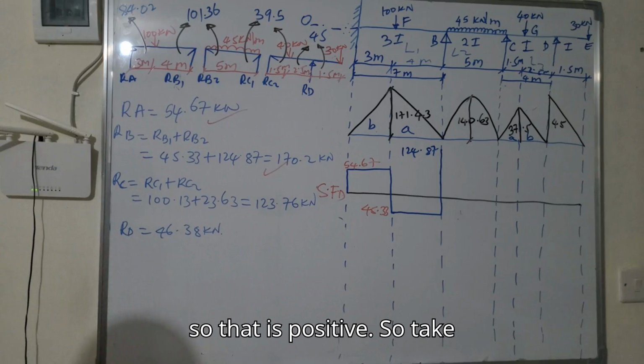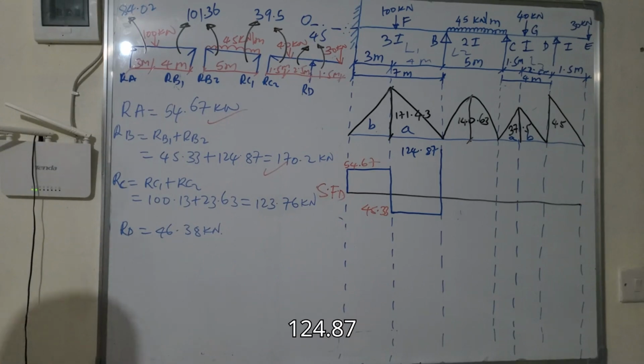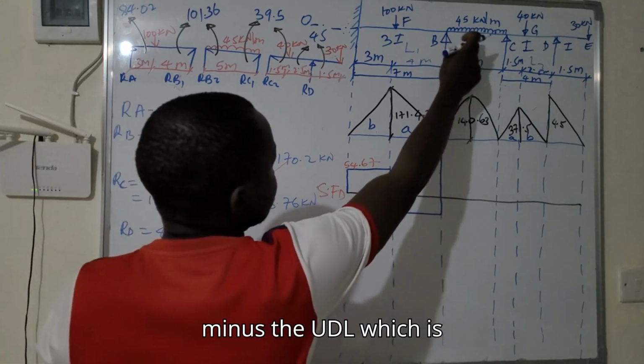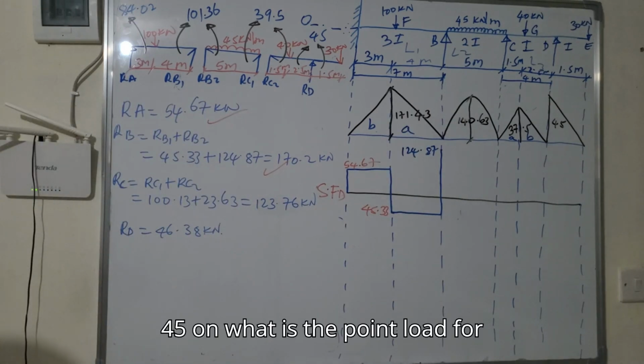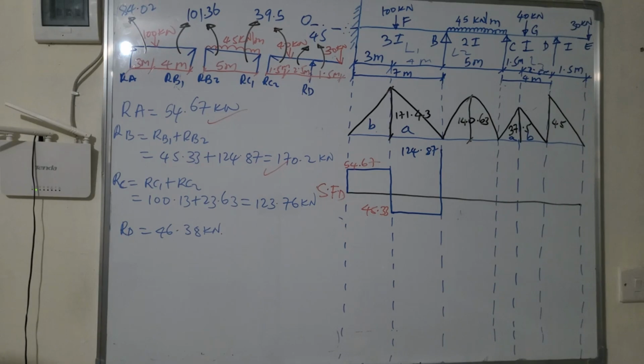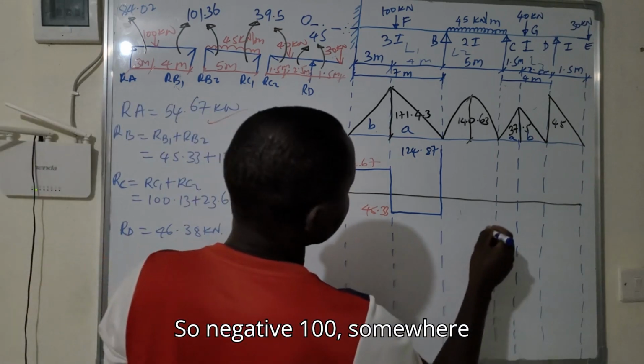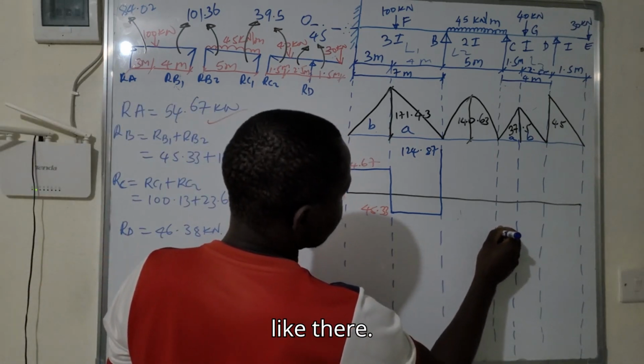So that is positive. So take 124.87 minus a UDL, which is 45, converted to a point load, 45 times 5. So it will give you negative 100.13, somewhere like there.